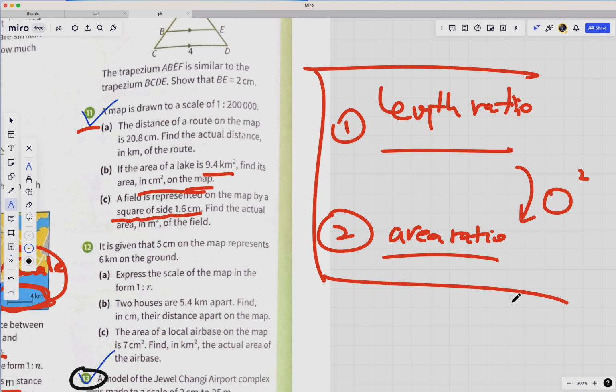And then find the area ratio. That's it. So basically the concept, the heart of the matter in this chapter is this picture over here. Okay? Okay. And then that's it. Continue B and continue to C.